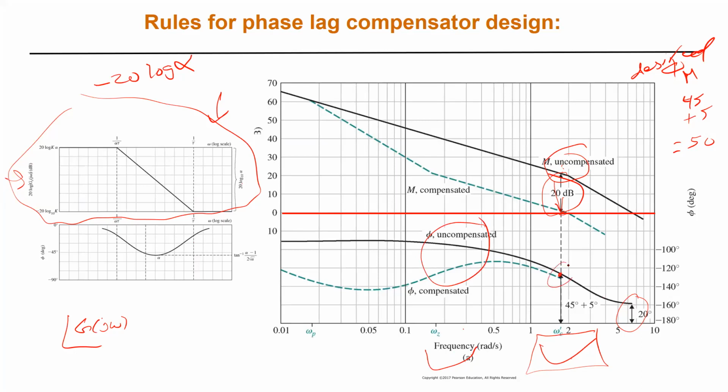But the phase in here, do you think it will be affected? Minimum effect. Minimum, because look, 1 decade after, the phase already diminished, while the gain is still minus 20 log alpha. So this is the whole point.